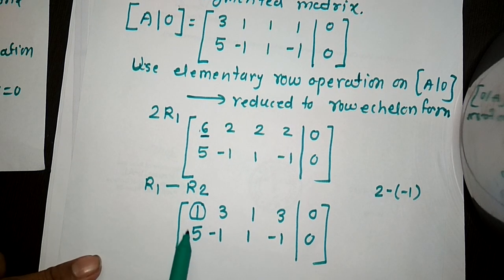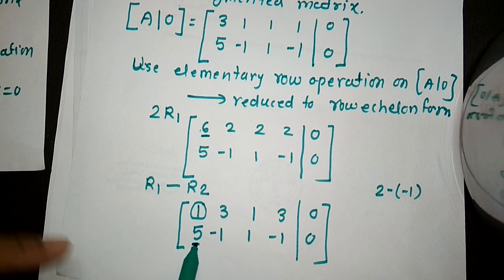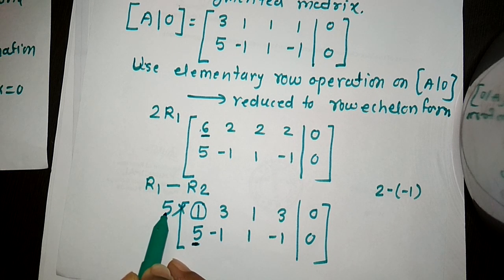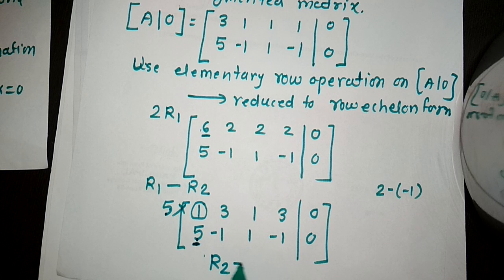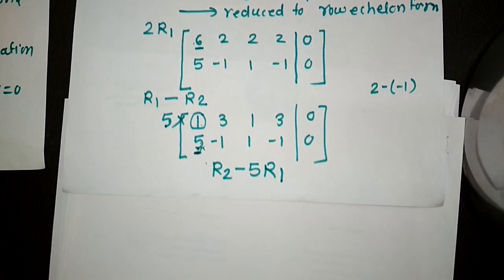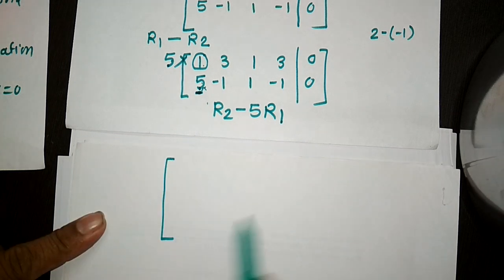Now, our next aim is to convert this element to 0. By using the operation R2 minus 5 times R1, so 5 minus 5, this entry becomes 0. The new matrix is here.